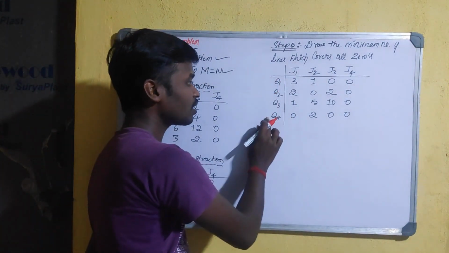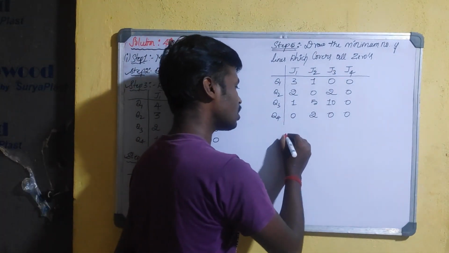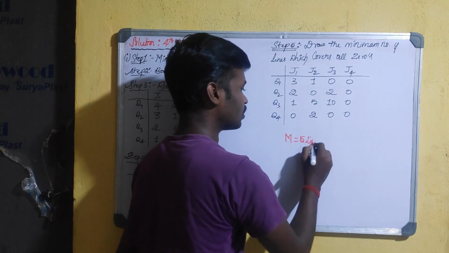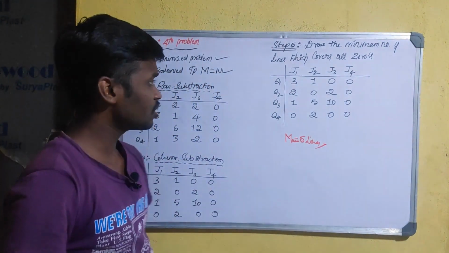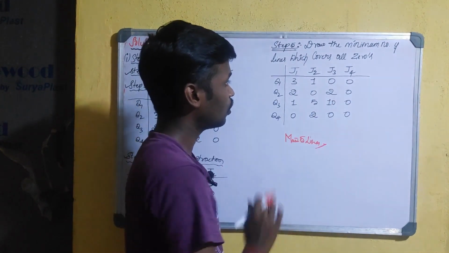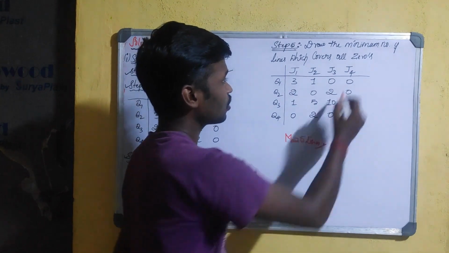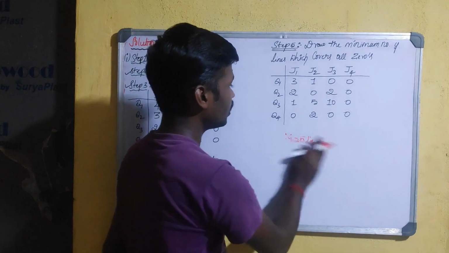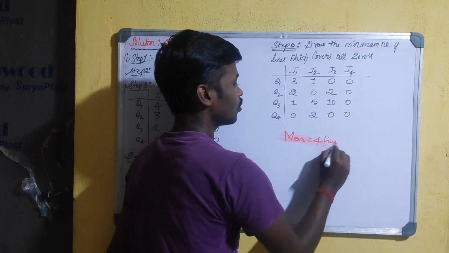How many operators are there? 4 operators and 4 jobs. So the maximum number of lines we are going to use in this problem is 4. Is it possible to cover all the zeros by using a single line? No. By 2 lines? No. By 3 lines? No, it is not possible.